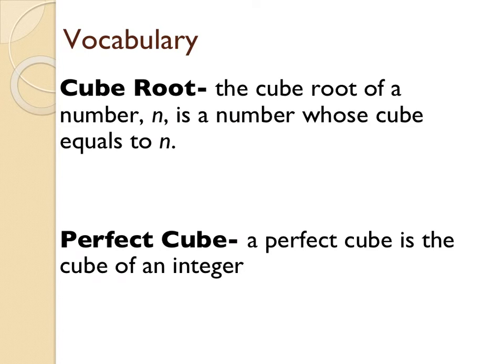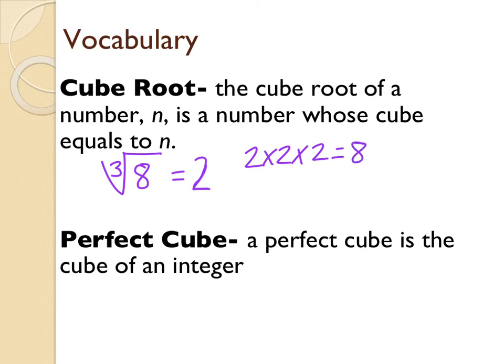Just like our square, if I take the cube root of 8, I know the cube root of 8 is 2, because I know that 2 times 2 times 2 equals 8.